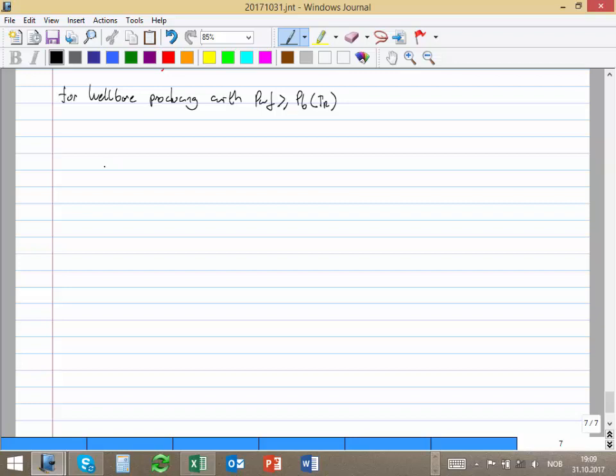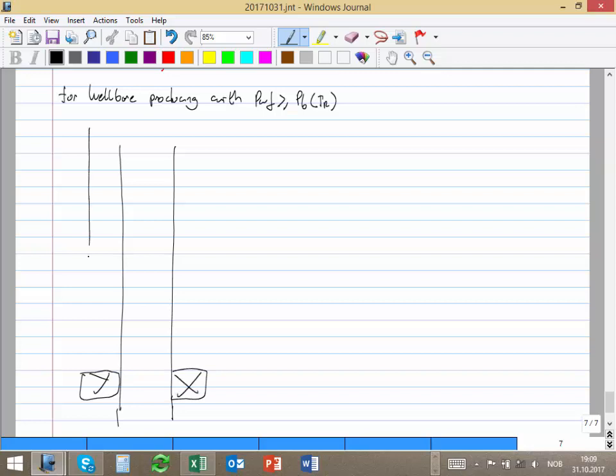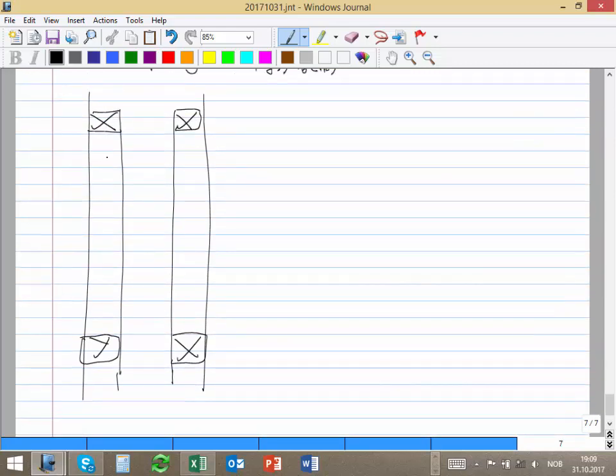So I'm going to make my wellbore slightly bigger, and I'm going to put again my packer here and here. Okay, so big wellbore. So that's PWH and that's PWF. And let's draw here my phase diagram.